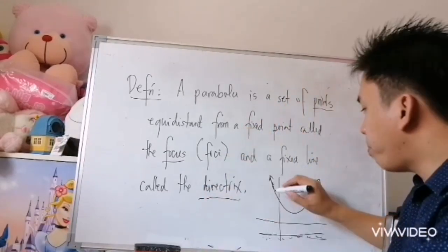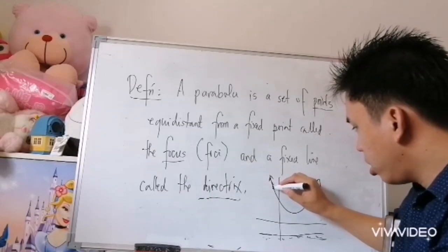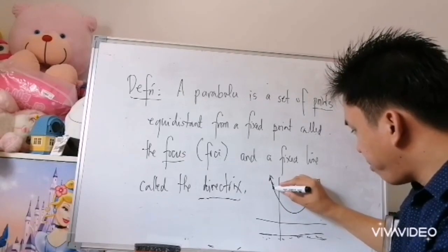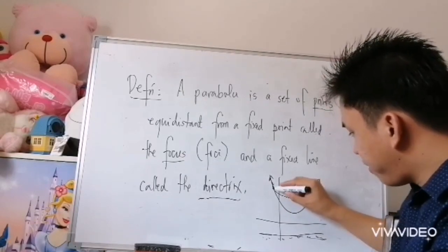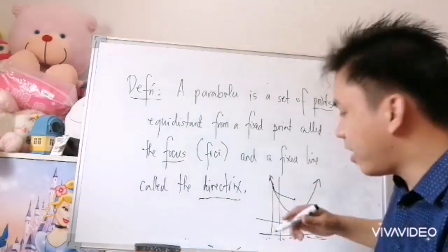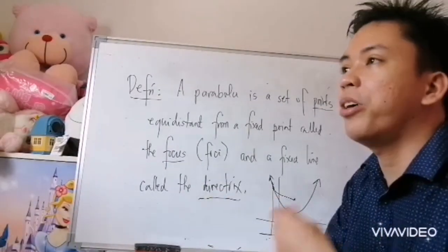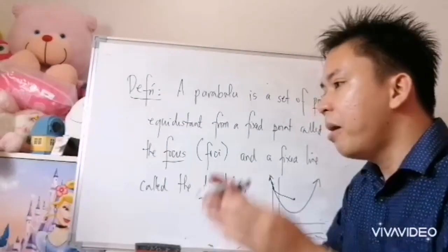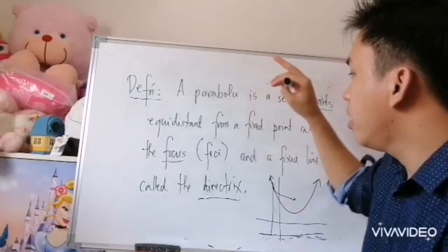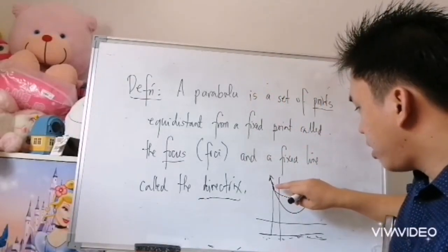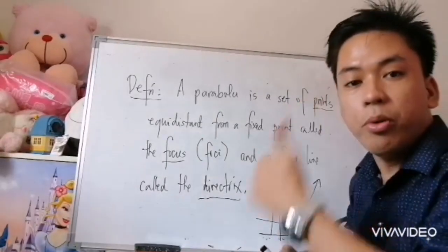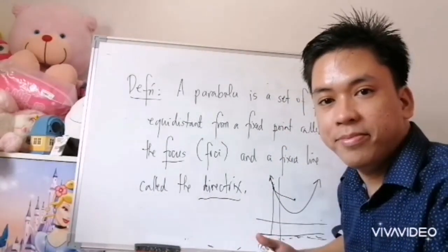According to the definition, if you pick a point here on the parabola, the distance from this point to this point is the same as the distance from this point to this point. Although it looks like it's not because my drawing is not perfect. But technically, that's what the definition tells us: if you pick a point, the distance from this point to the focus and the distance to the directrix are the same.